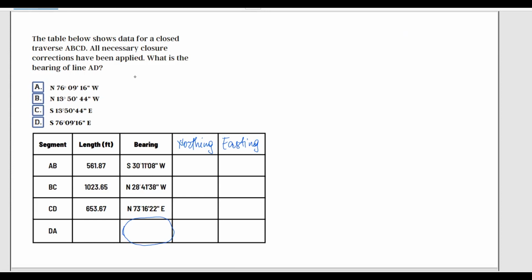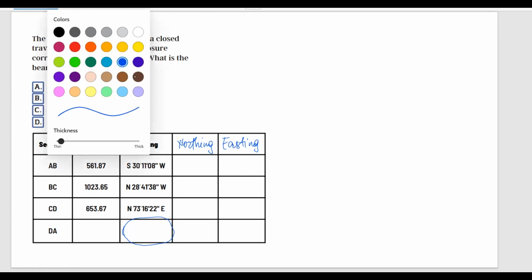So let's start by first representing each line. The bearing of line AB is southwest. So I'm going to place myself here. Let me go a little bit on the side so it fits better. Maybe even get a different color.